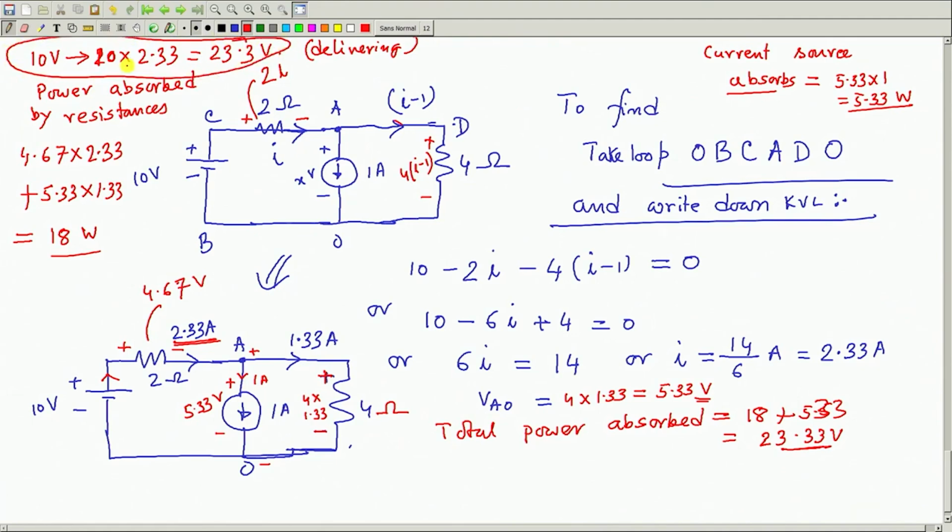So, everything is fine in this circuit, got the point.